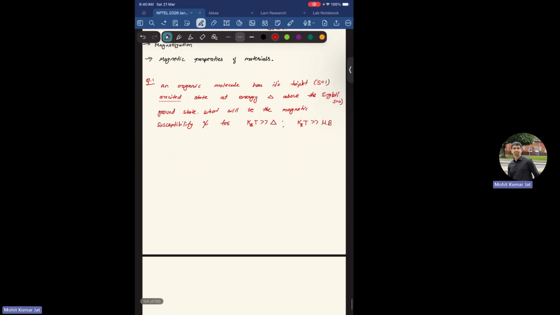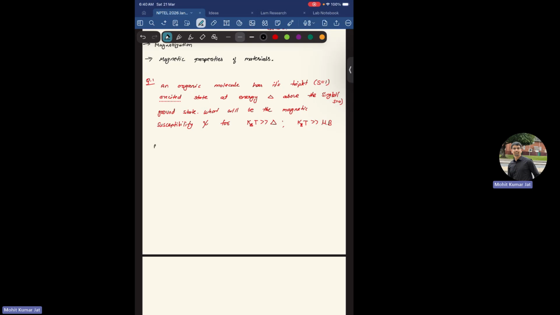So to approach this problem, it's a spin triplet problem. For S equals 0, Sz will be 0, we know. And if S equals 1, it can take three quantum numbers: plus 1, minus 1, and 0. And for them, we'll have to evaluate the energies.